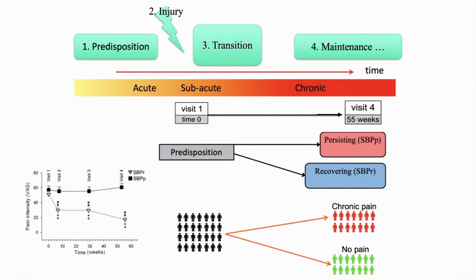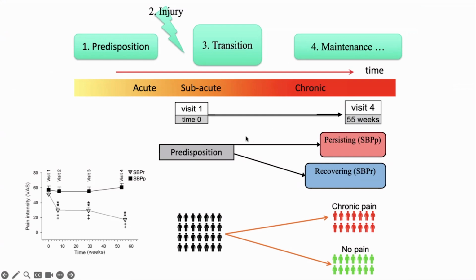Another concept I want to briefly introduce here, again, in this transition from acute to chronic pain, is that we can bring in subjects at this acute to subacute state, and follow them over a year, 55 weeks in this study, looking at their brain properties over time.